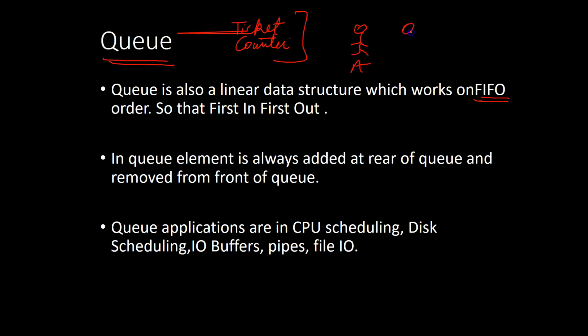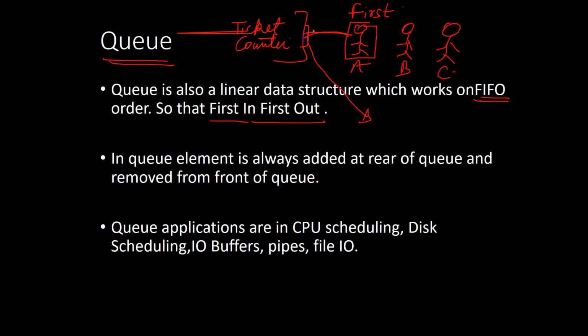Let us say this is person A, this is person B, and this is person C. Person A has arrived first, so he is at the first position in the queue. The ticket counter is here, and the person who arrived first will take the ticket and walk out first. That means first in, first out. The person who is first to come into the queue is the first one to be out of the queue.